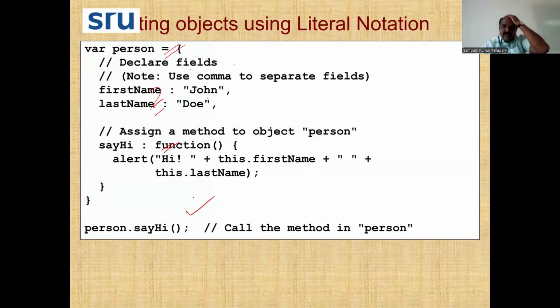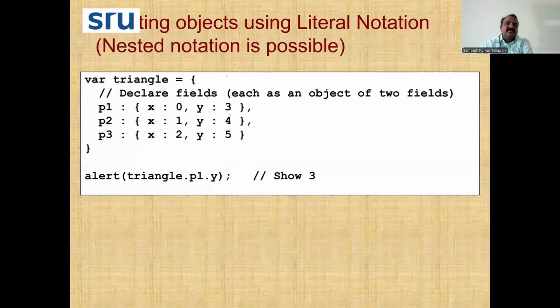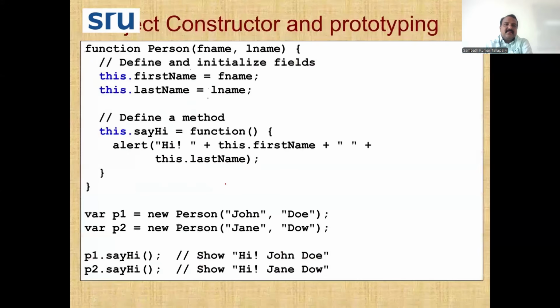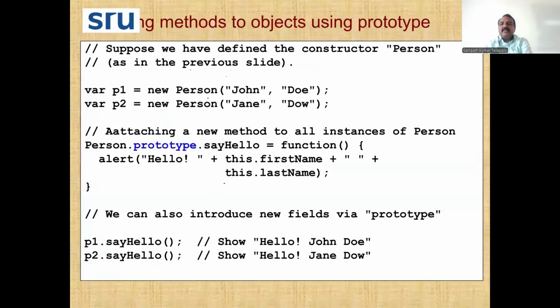It means I can also declare a class here in this way. If I would like to store triangle fields, I can write the syntax like this. So these are the ways we use JavaScript as an object-oriented language.